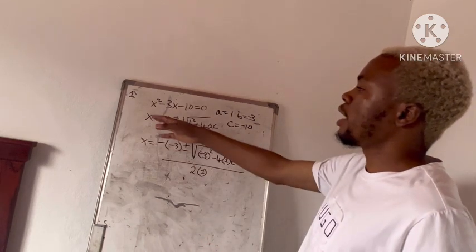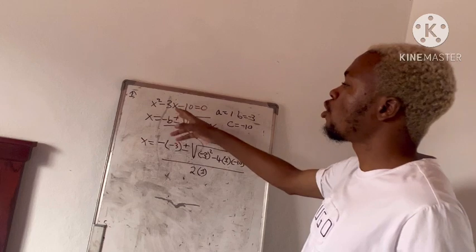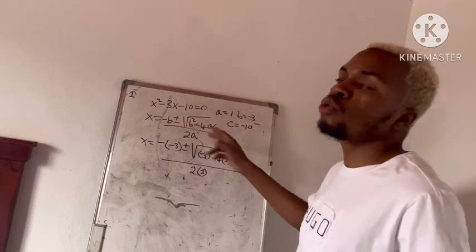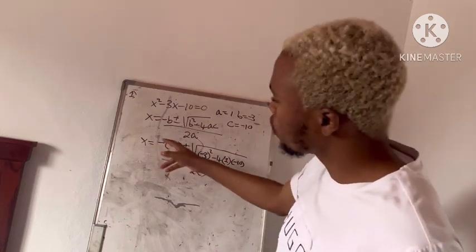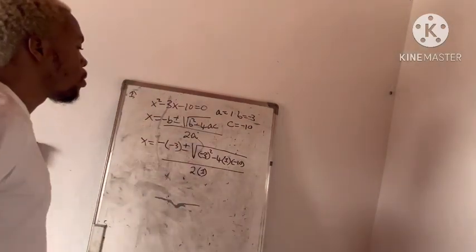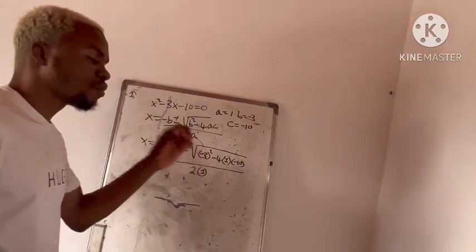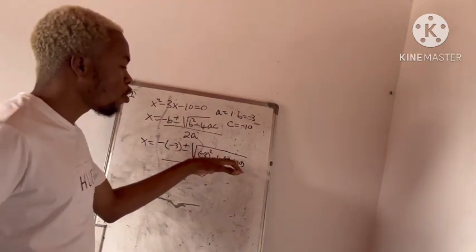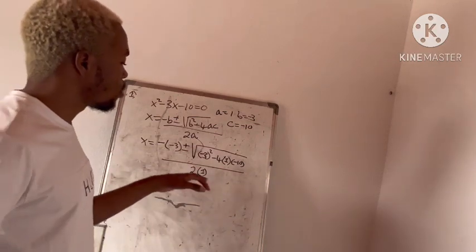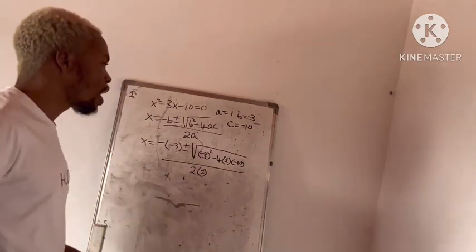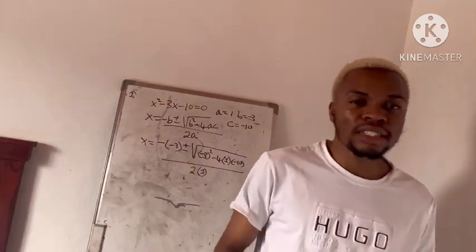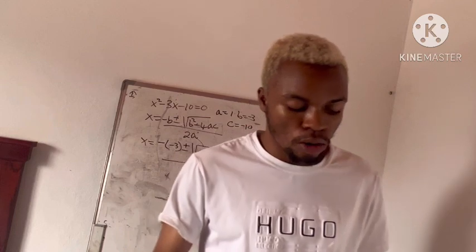Where you have x equal to minus b plus or minus the square root of b squared minus 4ac all on 2a, you have x equal to negative times negative 3 plus or minus the square root of negative 3 squared minus 4 of 1 into negative 10, all on 2a, where our a is 1. So you can see doing that is not complicated at all.